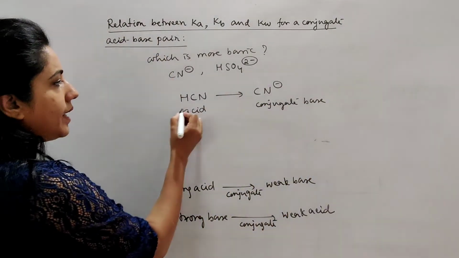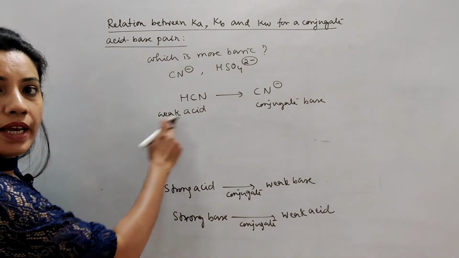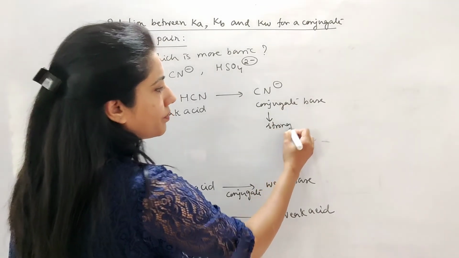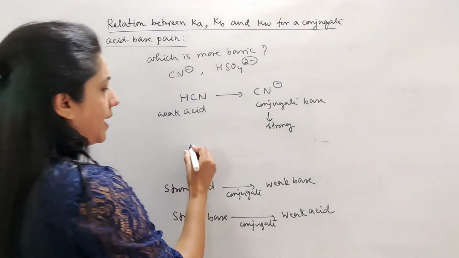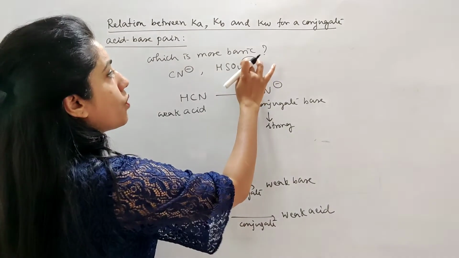We already know that HCN is a weak acid. If HCN is a weak acid, the conjugate base will be strong. On the other hand, HSO4 minus has come from where?